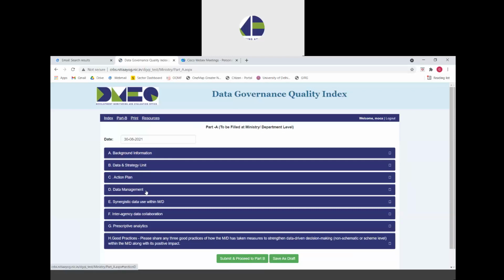The data management pillar is a part of the data systems pillar, and the questions here basically assess how data management is undertaken by the ministries at the ministerial level.